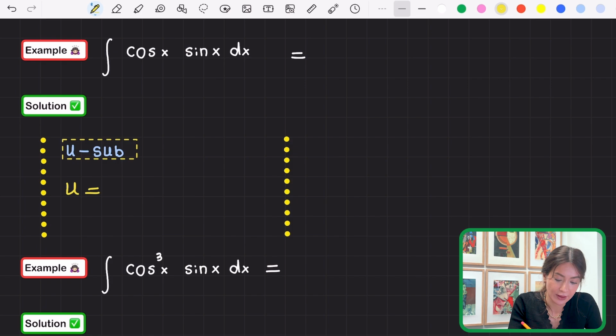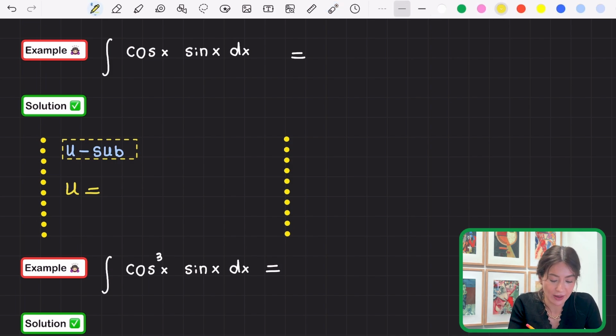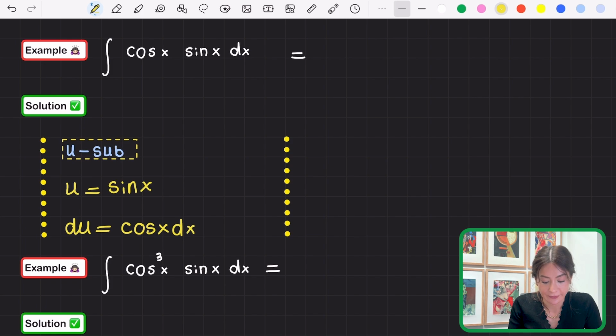Now you can choose cosine to be u. In that case, negative sine x dx will be du, but I don't want to deal with negative sine, so I will choose sine as my u, because sine's derivative is cosine x dx, and I don't need to worry about minus signs.